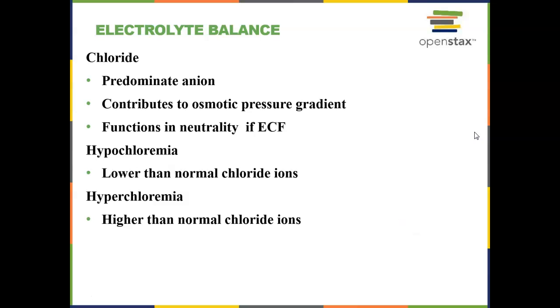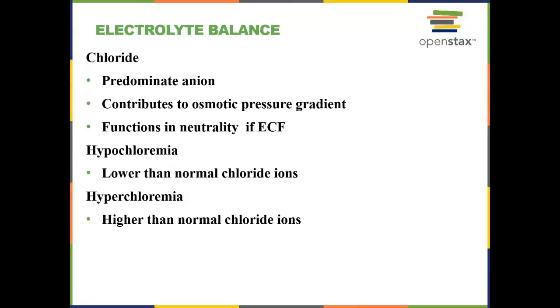Typically, if we have sodium in our diet in a developed country, we typically also have chloride in our diet because sodium and chlorine come together in sodium chloride, forming table salt. And so chloride is the most common extracellular anion. And this contributes to the osmotic pressure gradient as well. And it functions in maintaining a neutral extracellular fluid environment.